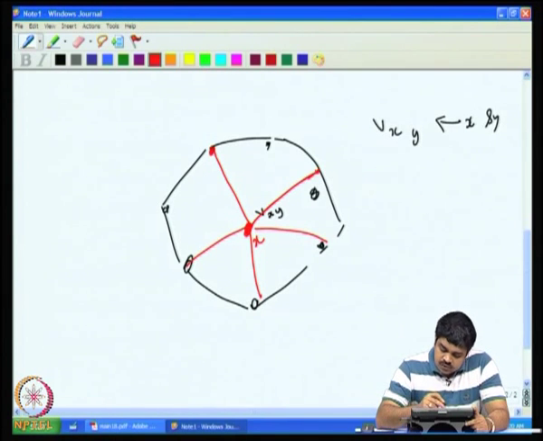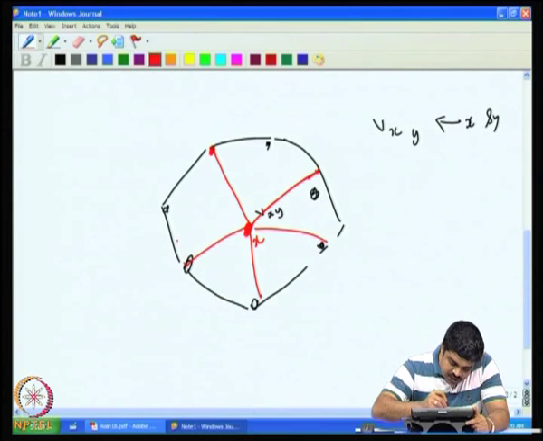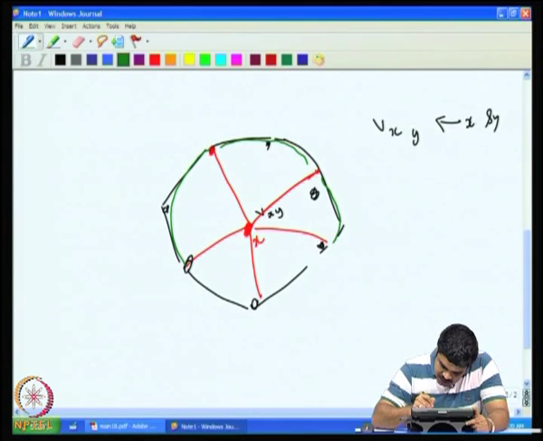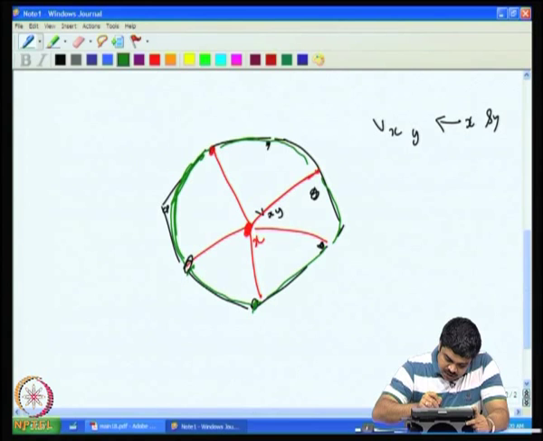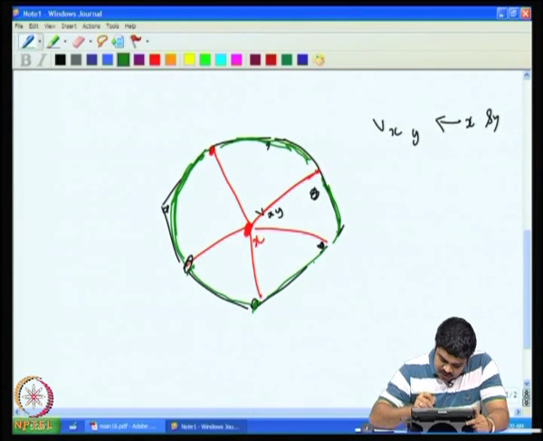Suppose there is a region here. Essentially we have several regions on the boundary of this face, which is given by the positions of the neighbors of x, right: one region, another region, another region, another region.